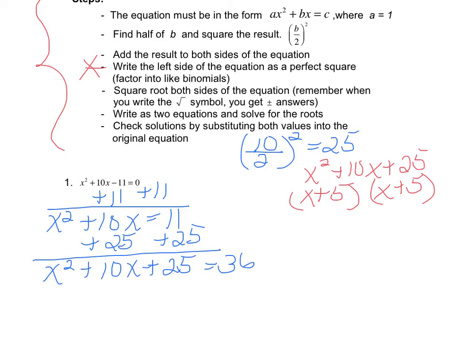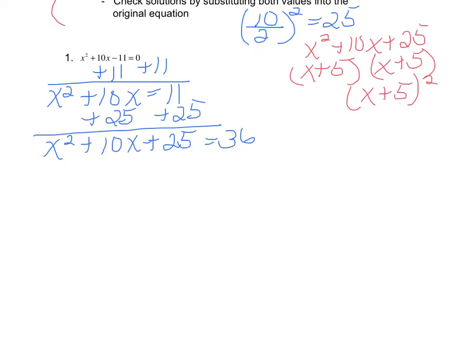It is considered to be a perfect square because x plus 5 times x plus 5, they're exactly the same. So another way of writing it is x plus 5, the whole thing squared. So now it's a perfect squared binomial. So what I'm going to do now is rewrite x squared plus 10x plus 25 as x plus 5, the whole thing squared.